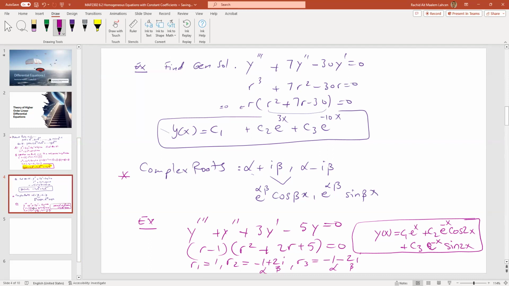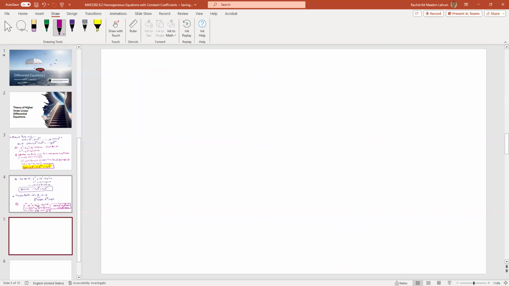All right. So what if we have repeated roots? Similar work we can investigate, but what will happen is you will have this type of linearly independent solutions, just like we've seen in the past.